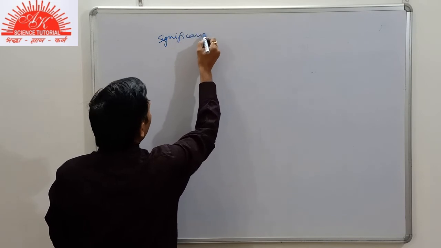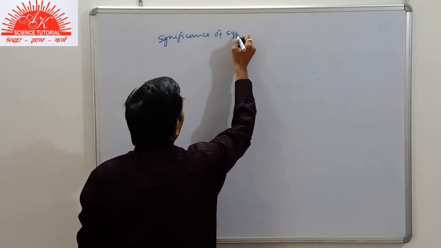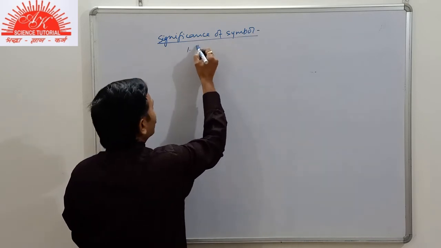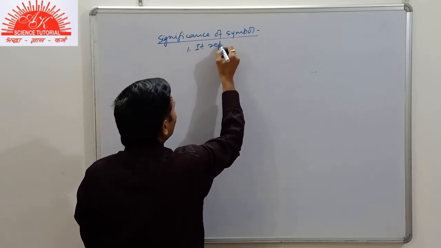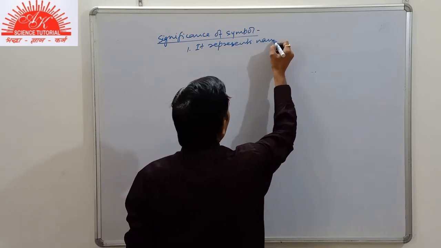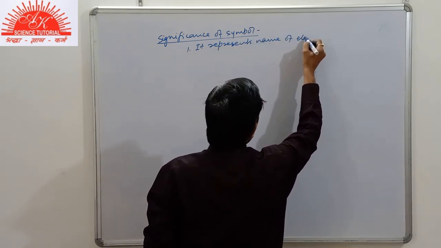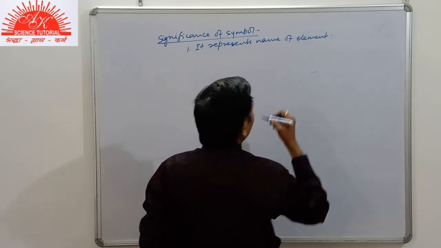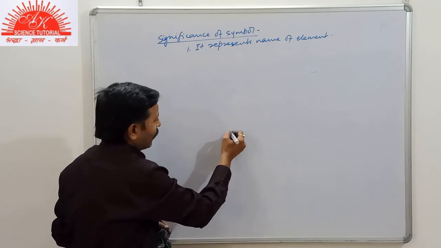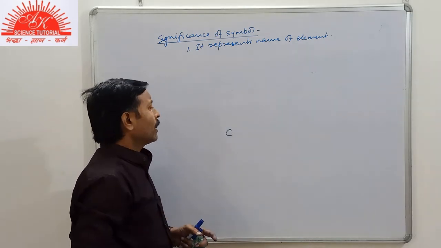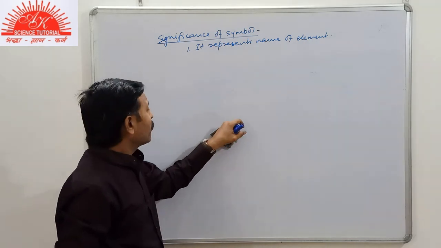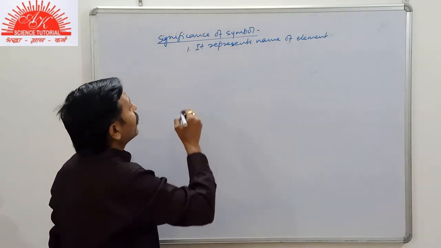Significance of symbol. Two basic points are given here, that it represents the name of the element. As we see the symbol, for example, if here it is written C, immediately we say that it is carbon. So it represents the name of the element.